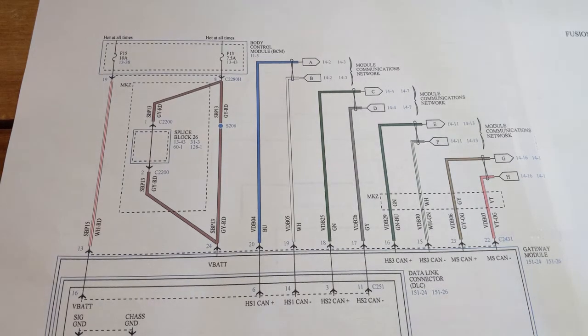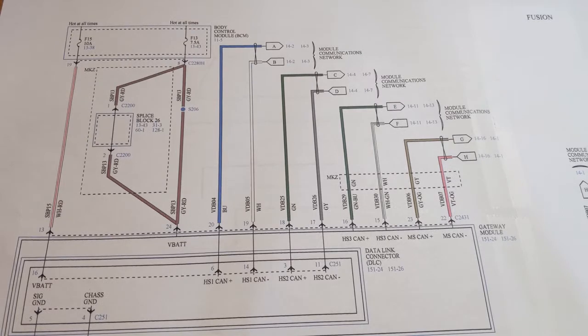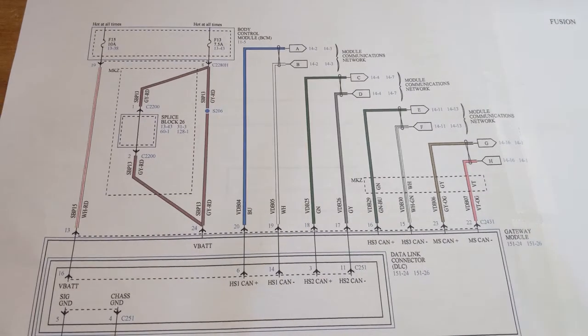And so what I did, looking at that front screen, I didn't actually scan for codes first because I knew with that screen being dead that I probably had some kind of a module problem, and that if I went looking for codes, I was going to get an overwhelming number of codes.